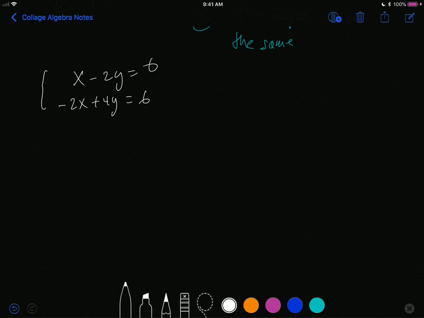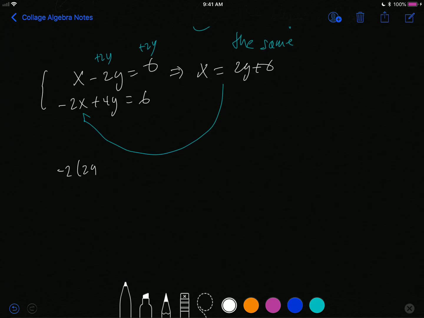So let's say, for instance, I solve for x. So I have that x is equal to 2y plus 6 if I add 2y to both sides. And then I substitute that in for x. I get negative 2 times (2y plus 6) plus 4y equals 6. I distribute.